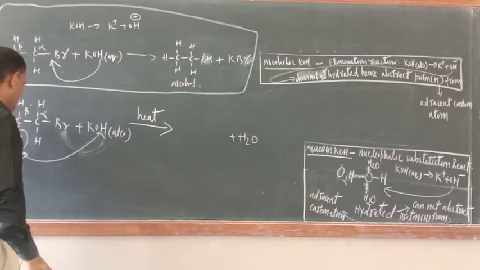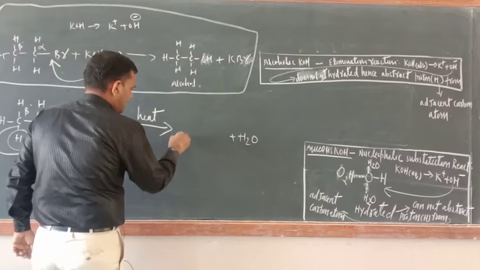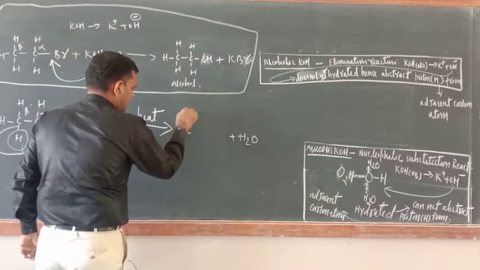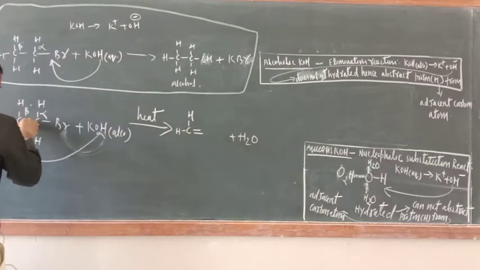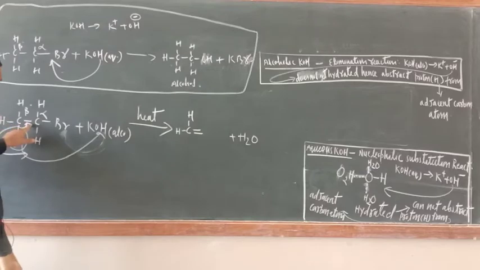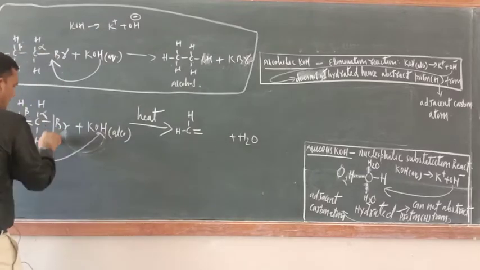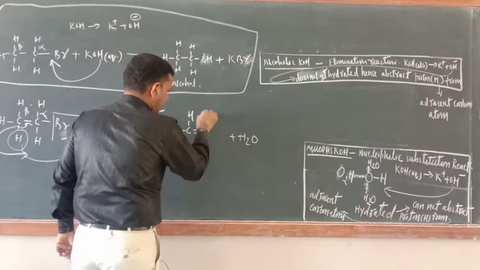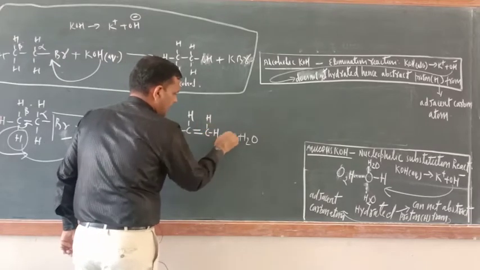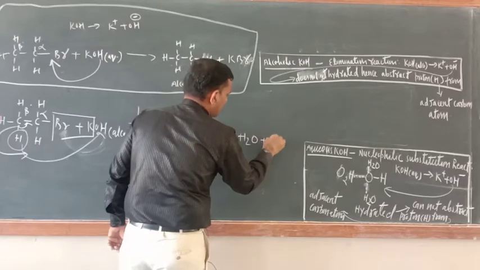Now see what is left: a double bond will be generated between the carbons, and Br leaves as KBr. So we get CH2=CH2 plus H2O plus KBr.